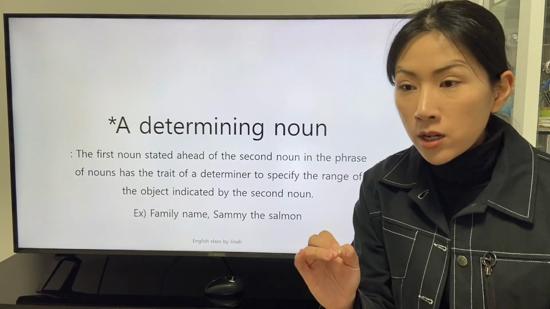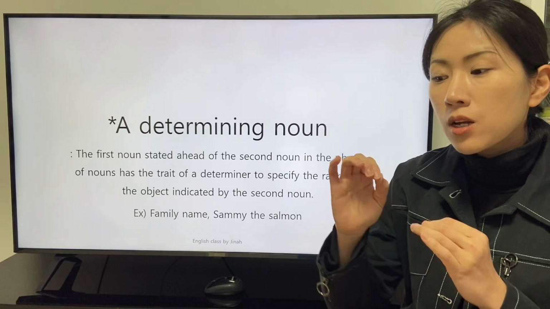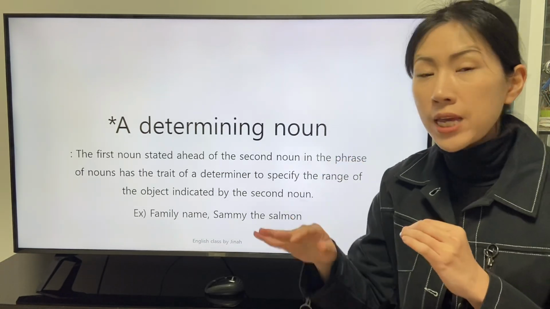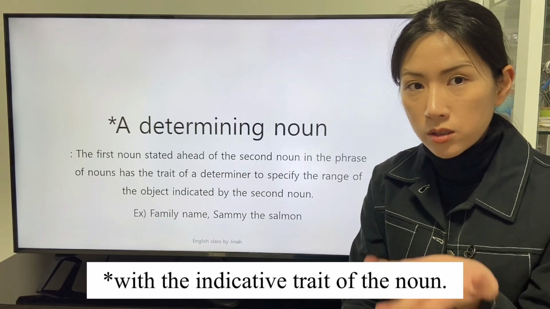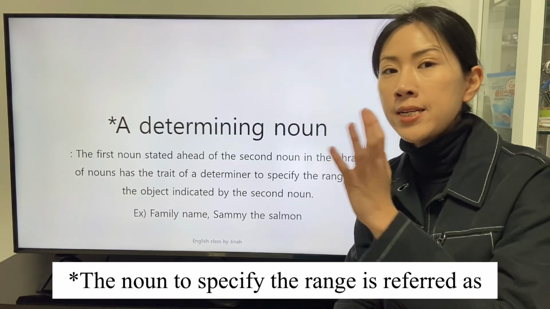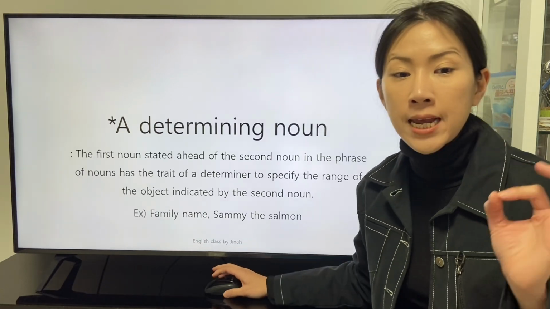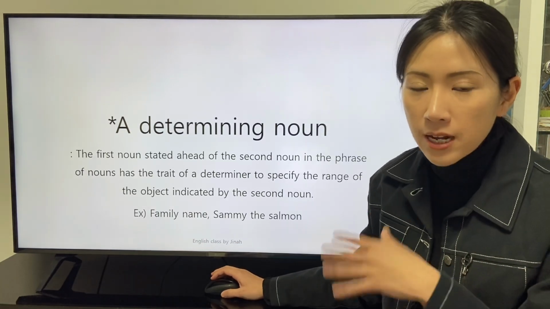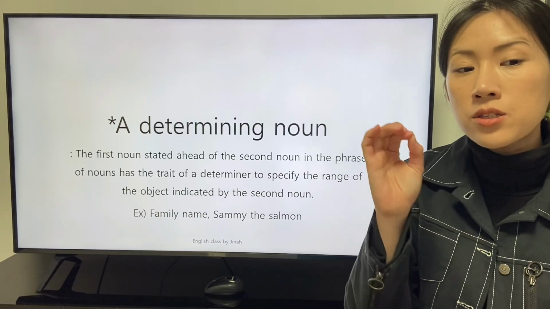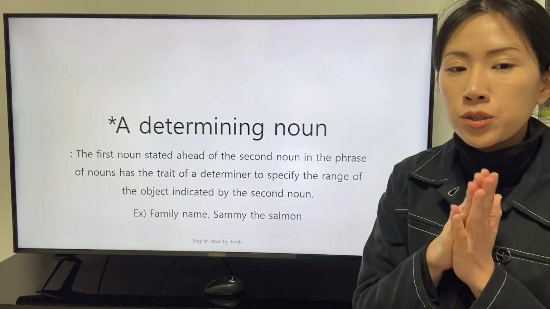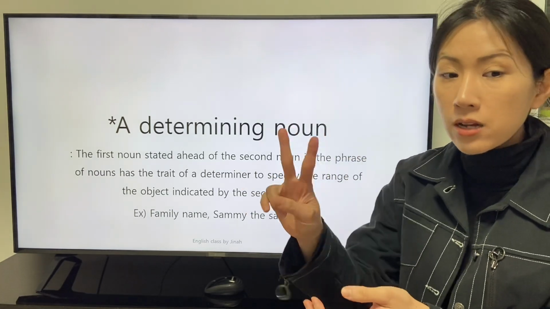The phenomenon that a noun specifies the range of the other noun can be identified with the determining noun. The first noun stated ahead of the second noun in the phrase of the nouns has the trait of a determiner to specify the range of the object indicated by the second noun.